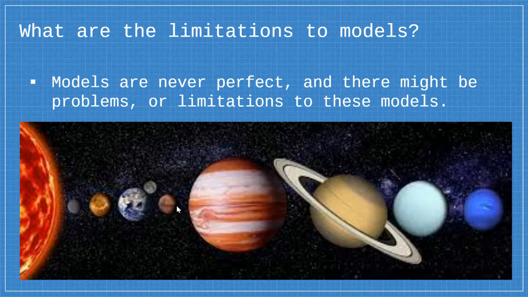So one of the greatest limitations when it comes to a solar system model is definitely distance. To make each planet big enough that we can see, we need a long distance.